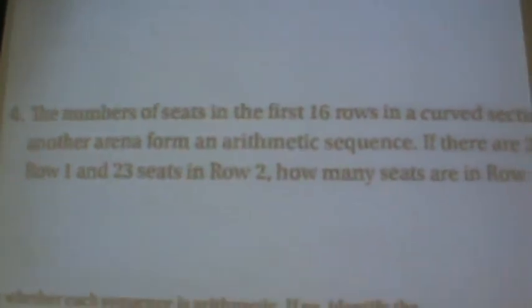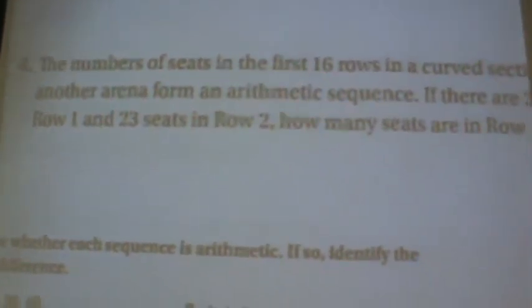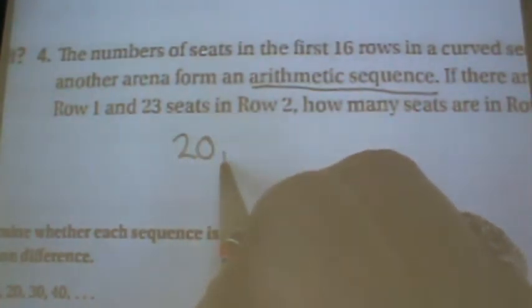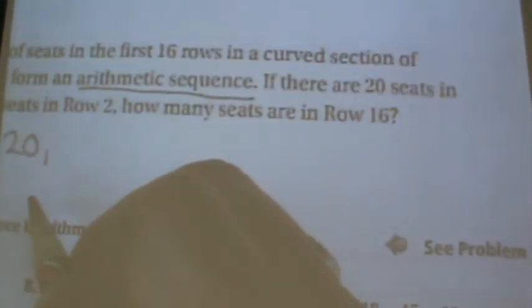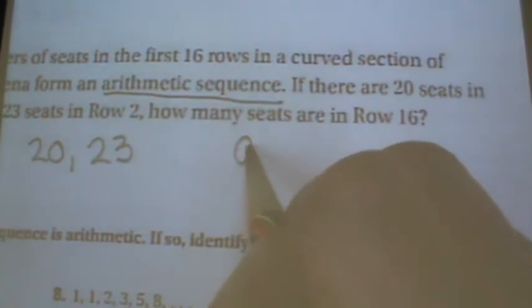Okay, you try number 4. It says the number of seats in the first 16 rows in a curved section of another arena form an arithmetic sequence. So you want to know that it's arithmetic. There's 20 seats in row 1 and 23 seats in row 2. How many seats are in row 16?